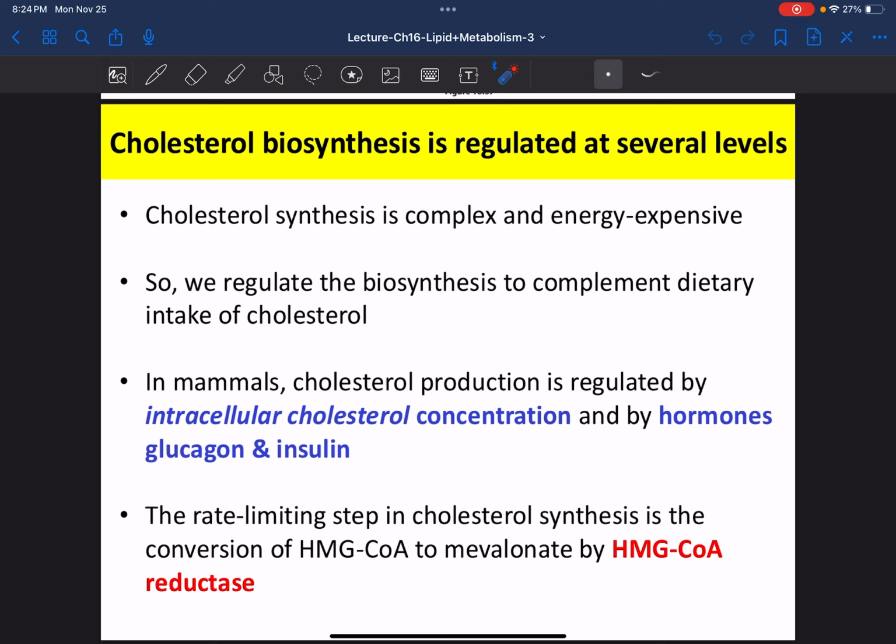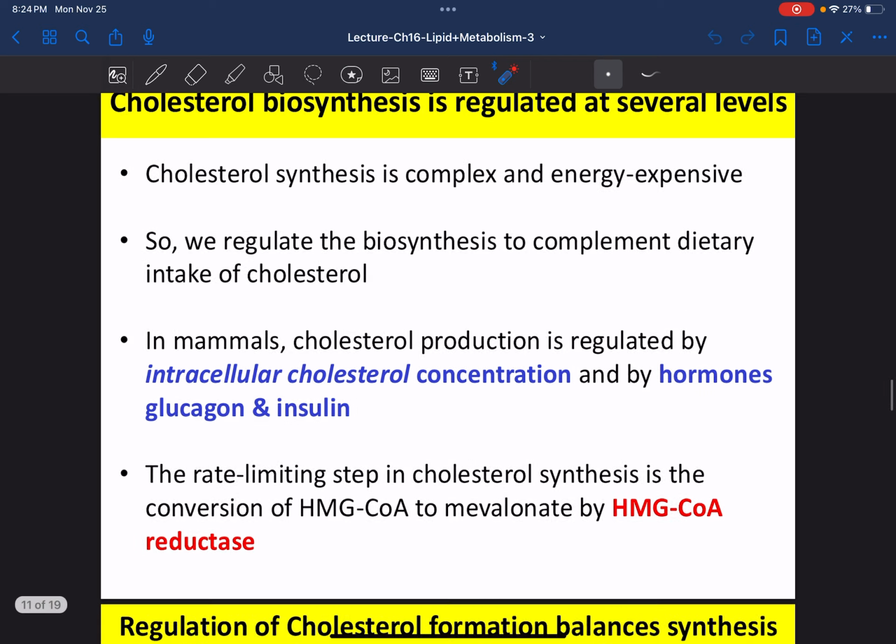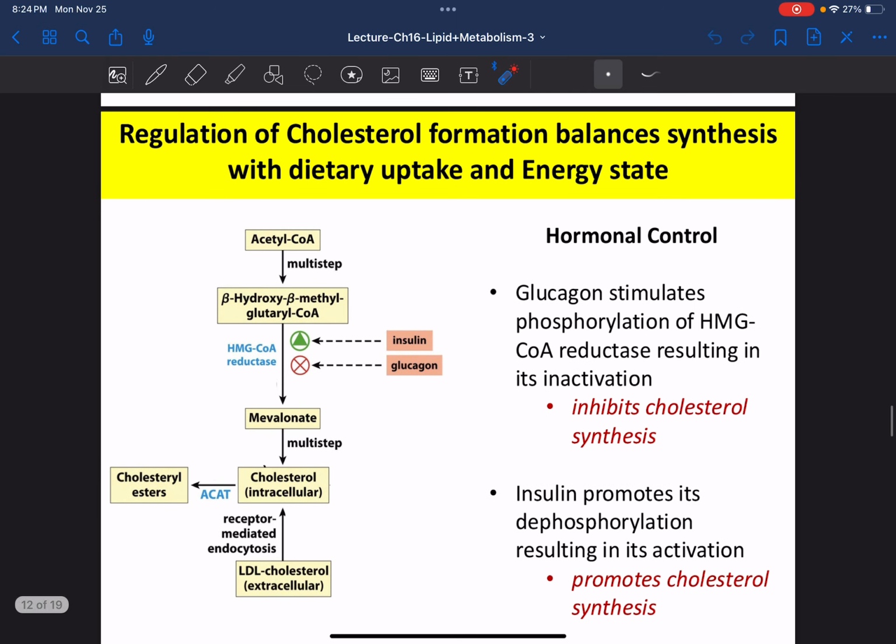The rate-limiting step in cholesterol synthesis is the conversion of HMG-CoA to mevalonate by the enzyme HMG-CoA reductase. So for hormonal control, glucagon inhibits cholesterol synthesis and insulin promotes cholesterol synthesis.